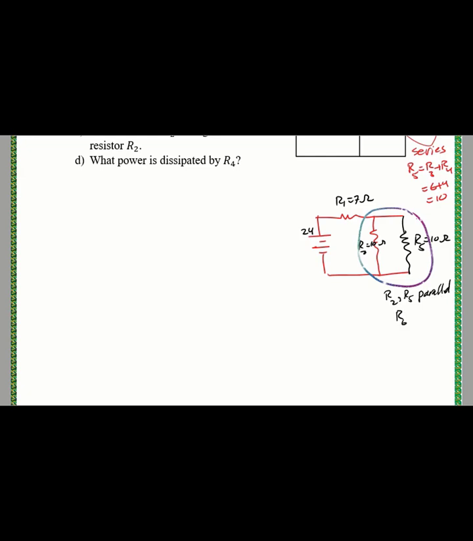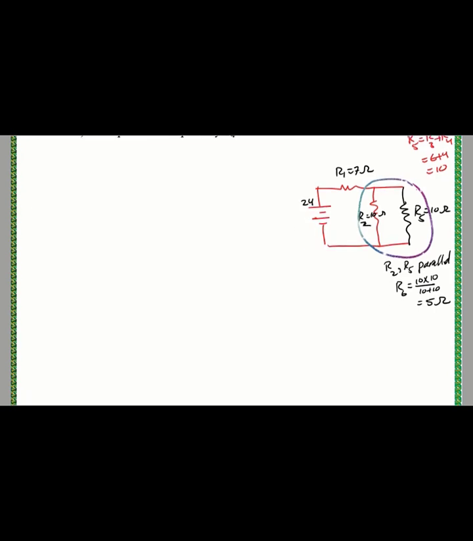The equivalent of them is R6, which is the multiplication of them over the addition of them, which is 5. Or one of them over 2 because they are identical, or 1 over 10 plus 1 over 10, all inverse.